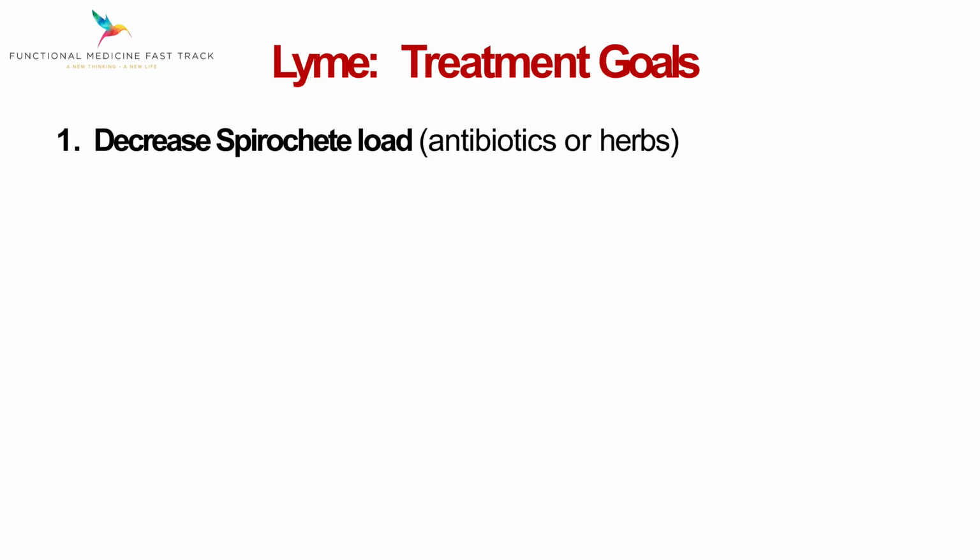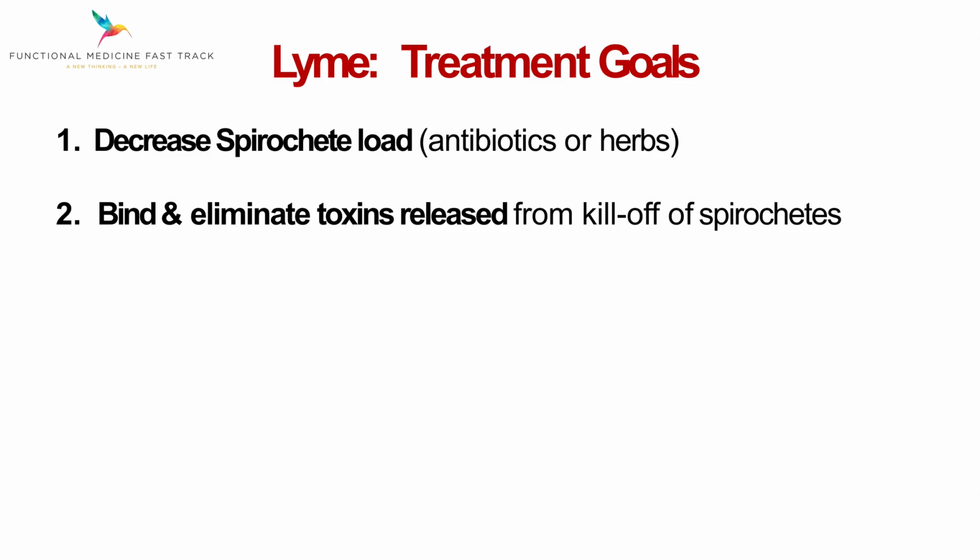So what are our treatment goals? Now that you've understood the pathophysiology, all the clinical signs and symptoms, the complexity on the whole, the first thing is to decrease that spirochete load. And that makes complete sense. What can we do to get rid of as much Lyme in the body as possible before it goes into cyst formation and hives?